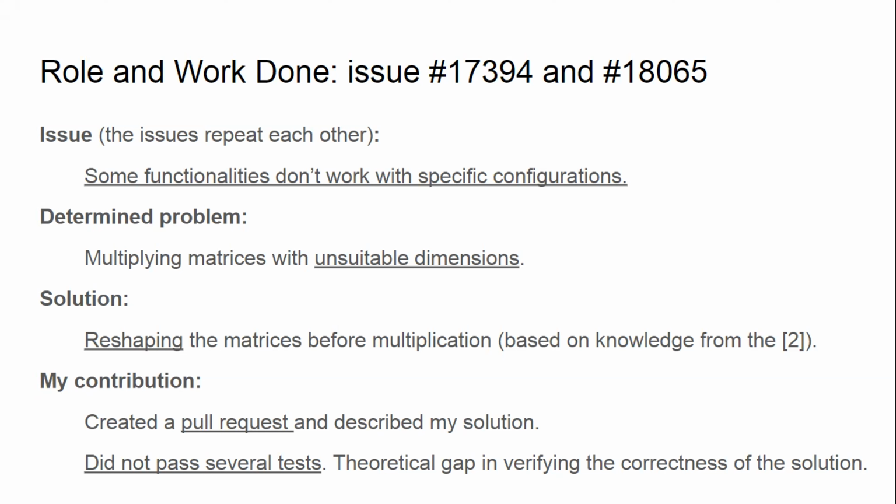So I understood that the problem was in the process of multiplying some matrices that were used in the algorithm because they were with unsuitable dimensions. So after reading some theory in the book that I mentioned before, I suppose that reshaping the matrices would solve this problem.